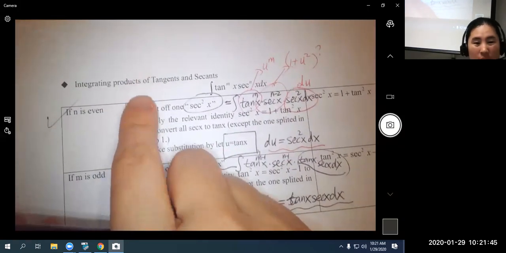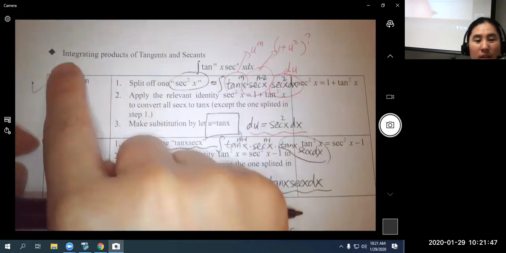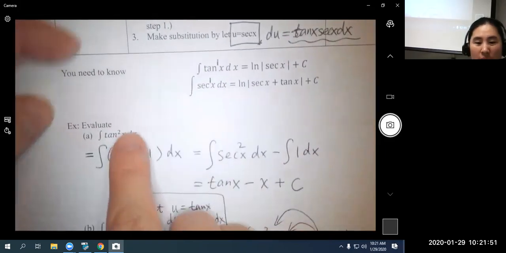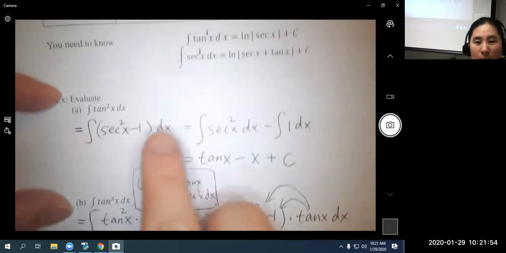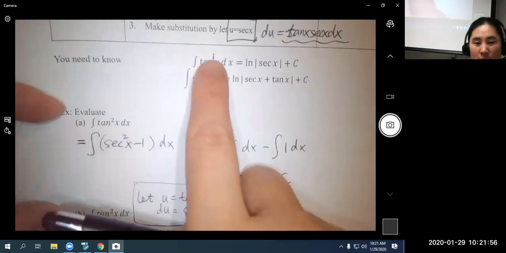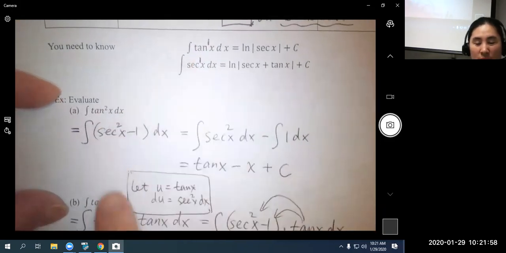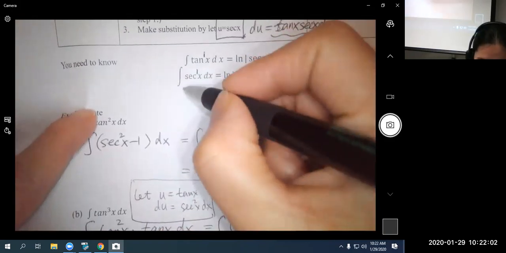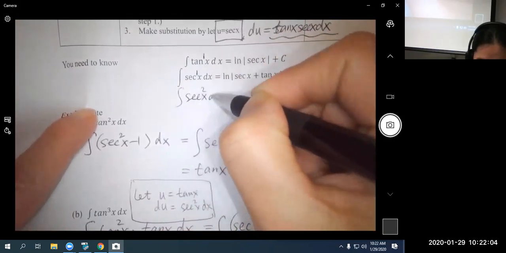All right, so this is the second part from section 7.2 about integrals involving tangent and secant. So we know, if the integral only involves tangent of x, the first power, second power, third power, how to do them. And then secant of x, the first power is this. What is the integral of secant of x squared?